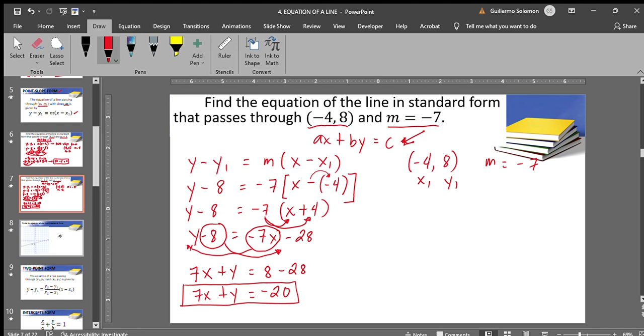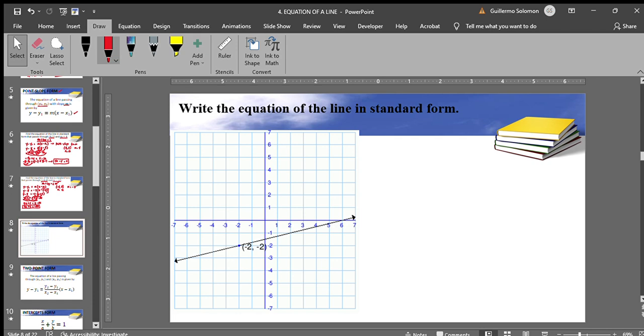Next, how about if you have a given a graph and then you need to identify what is our slope using this graph. Okay, so write the equation of the line in standard form. And given natin graph. So we are going to use the necessary information na nandito. Okay, sa graph.